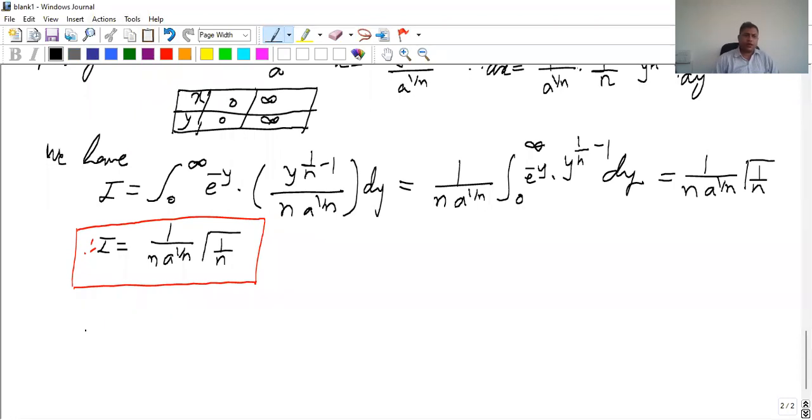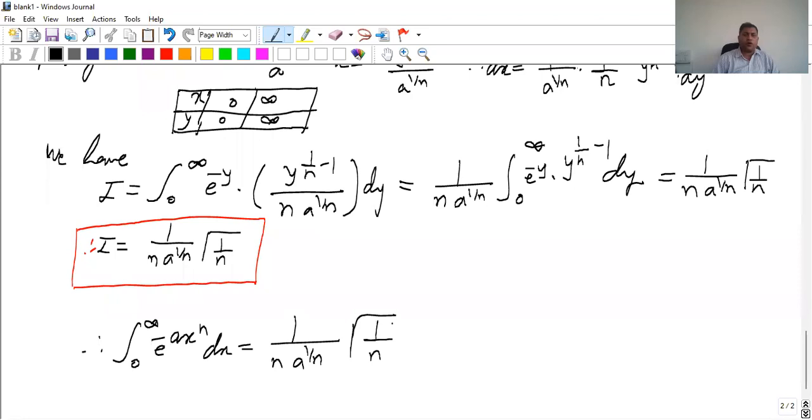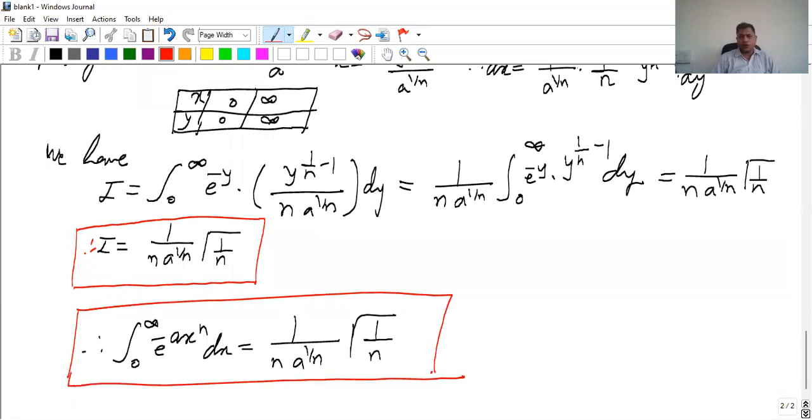Okay, so here we have the integral from 0 to infinity of e raised to minus a x raised to n dx, which is equal to 1 upon n a raised to 1 by n, times gamma of 1 by n. So we solved this integral actually. We can use the value of gamma 1 by n if n is small.